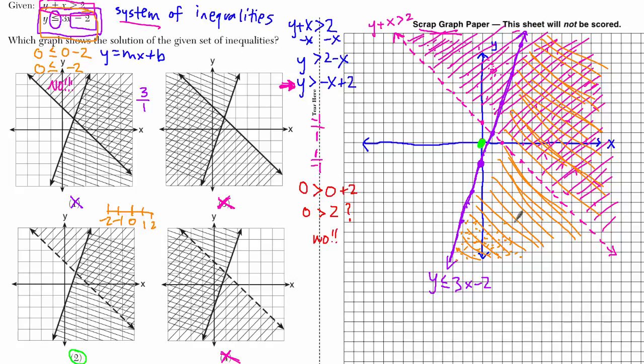So we basically have to look for where there's orange and pink at the same time, and that's here. If you notice up in this section here, this represents the solution set of our set of inequalities. So this guy here is our solution set. So all the points up here satisfy both inequalities at the same time.